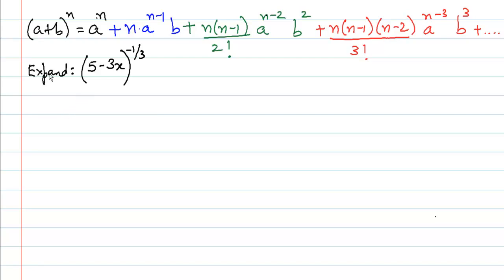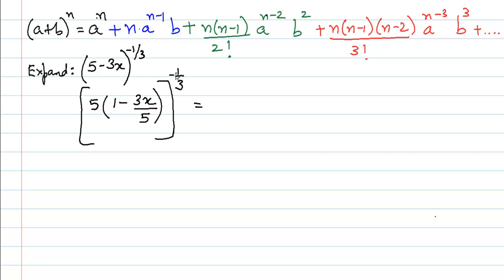In this video we'll see how to expand (5 minus 3x) the whole raised to minus 1 upon 3 using the above formula. So first thing that we can do is take 5 common within the brackets, and we are left with 1 minus 3x upon 5. Though 5 is not common, we are taking it common purposely, the whole raised to minus 1 upon 3.